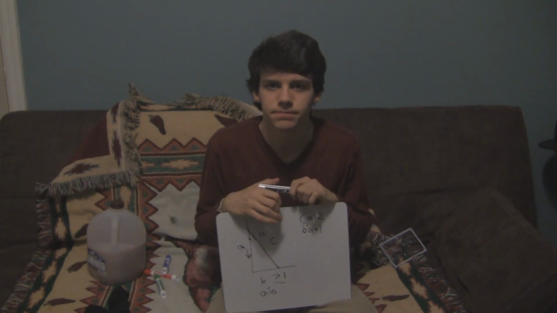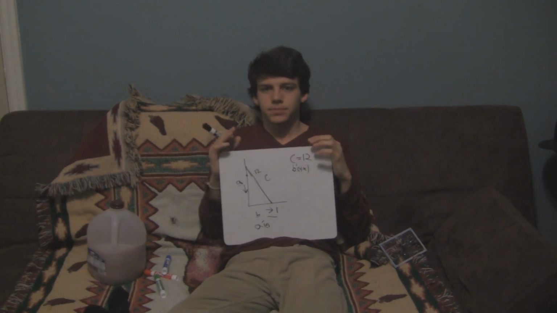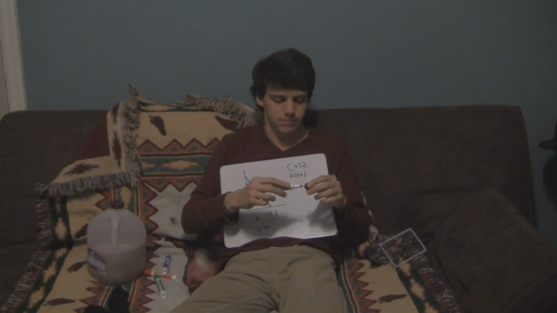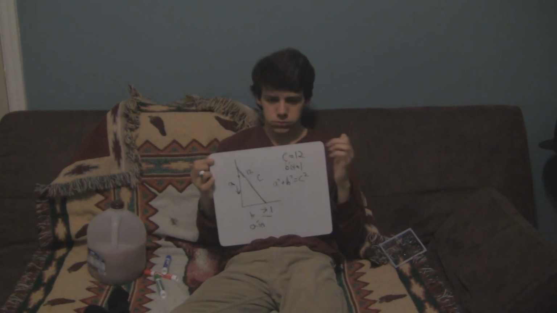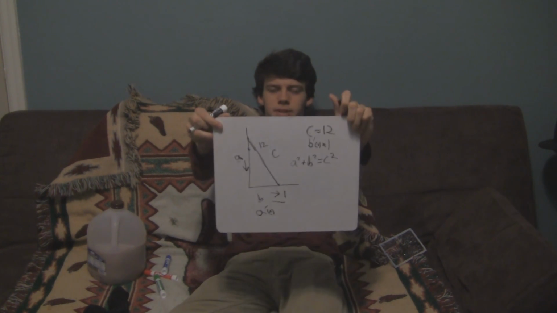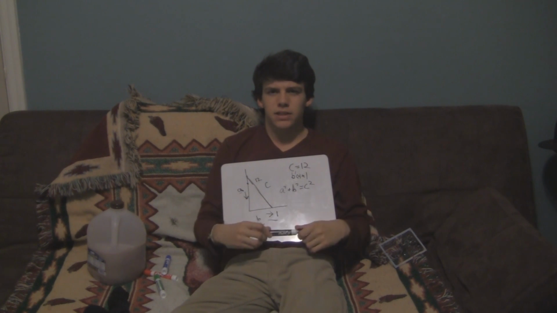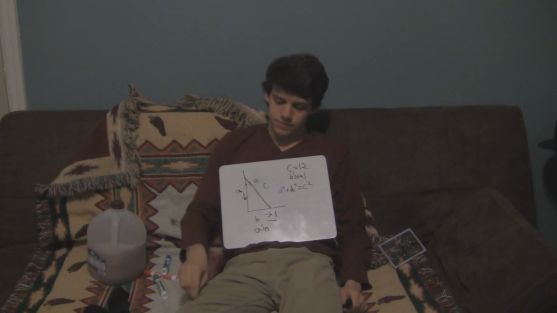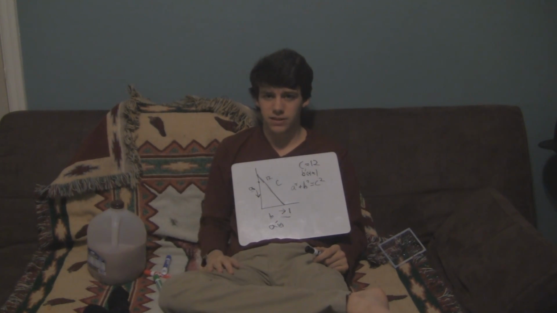It's just a majestical beast in mathematics called the Pythagorean theorem, which is quite obviously a squared plus b squared equals c squared. That's probably the most important part of doing these, pretty much, is just figuring that out. After that, it gets pretty easy.